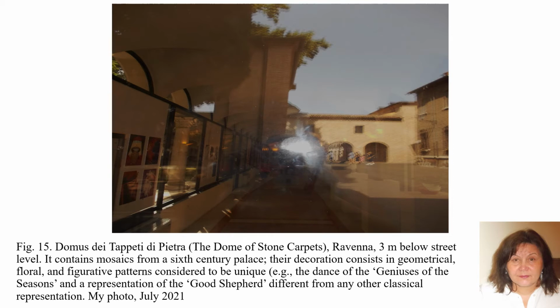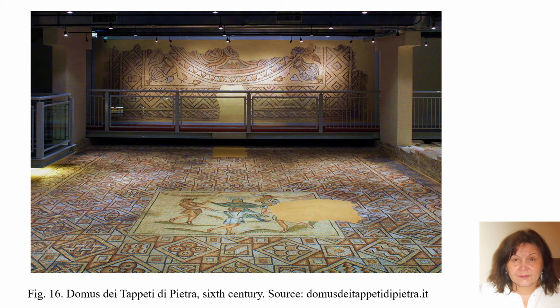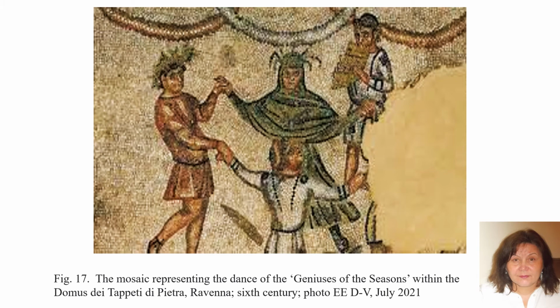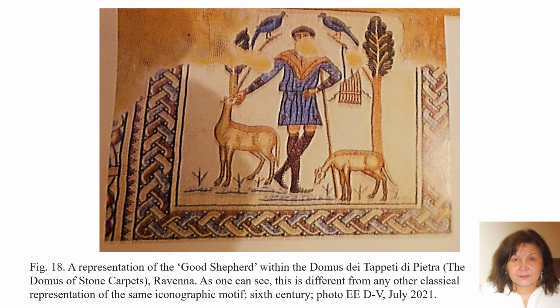There are some classical images that everyone knows about, but there is now a new gallery discovered and opened in 2003, and it has a considerable quantity of mosaic there, and some unique iconographical motifs like this. Especially this one, I haven't seen this representation before.